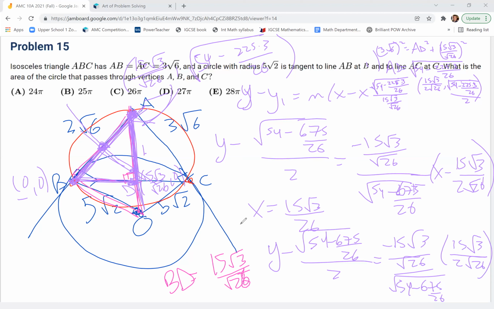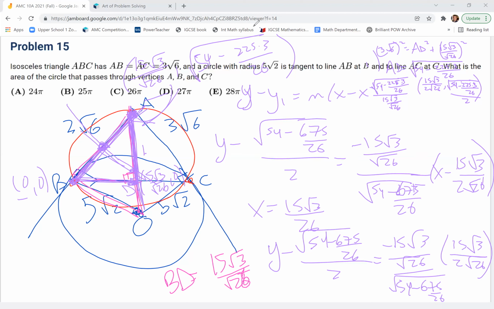So, because I want to see where these intersect, right? So by solving this, y equals, hold on, sorry.